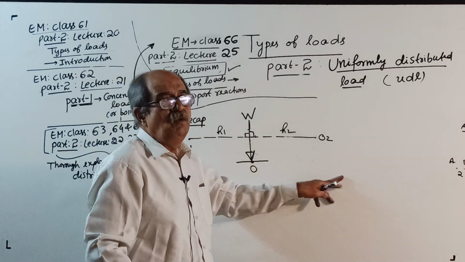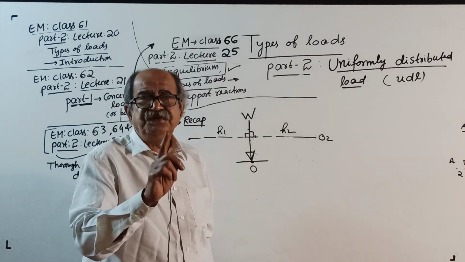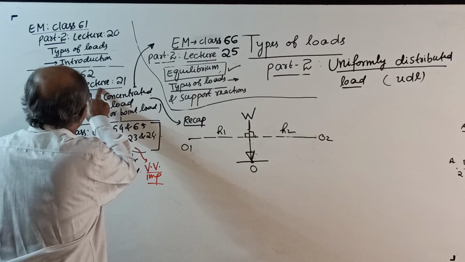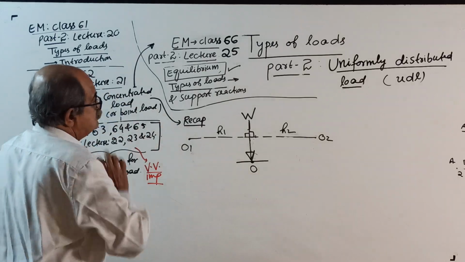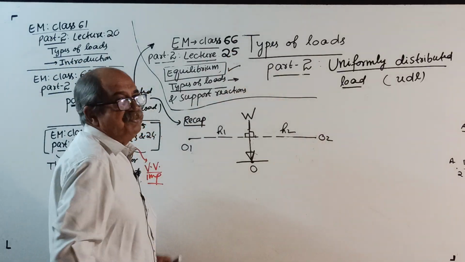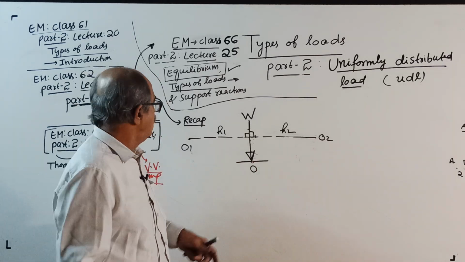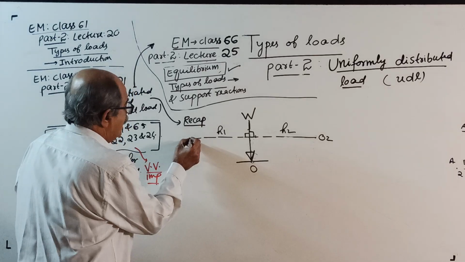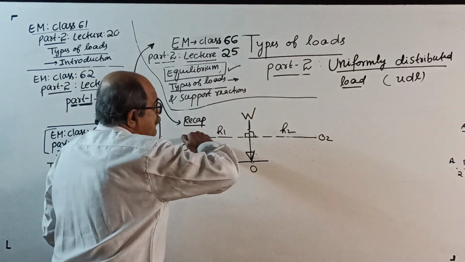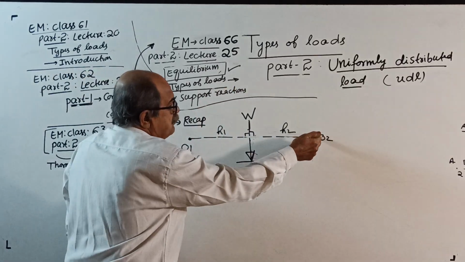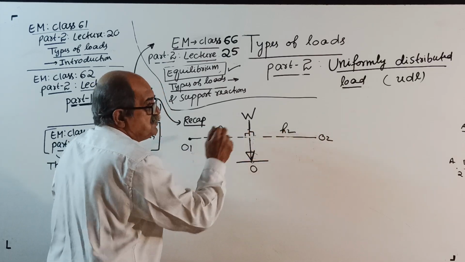What all I am telling now is systematically told in this class. That is part 1, point load. W, magnitude. Line of action through O. Suppose you consider a point O1 randomly. Drop a perpendicular H1. Consider a point O2. Drop perpendicular H2.